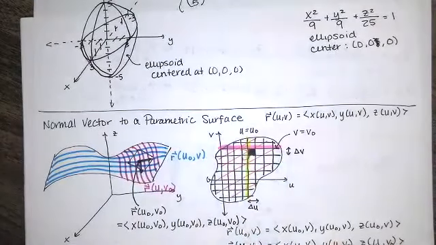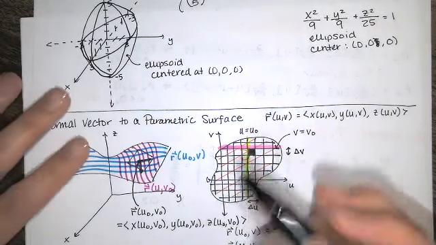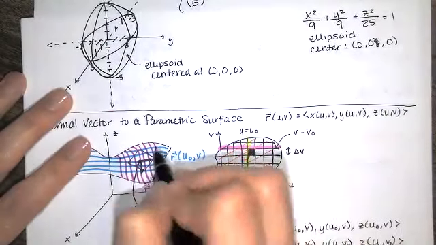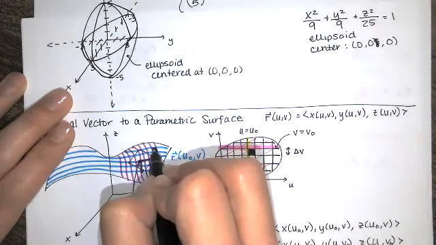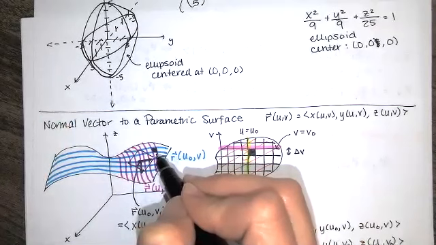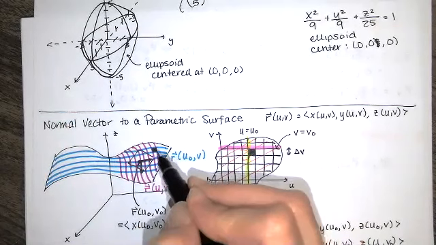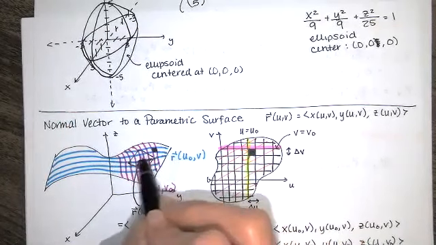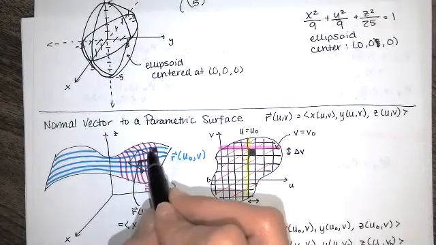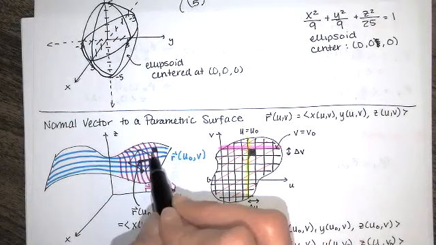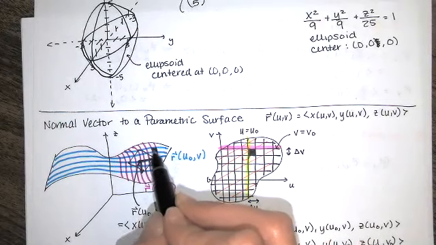As u goes through a range of values and v goes through a range of values, each of these little rectangles down here is associated with a little piece of the surface over here. If I want the surface area of that piece, I can take the partial of r with respect to v and the partial of r with respect to u, and those are going to be tangent to the surface.